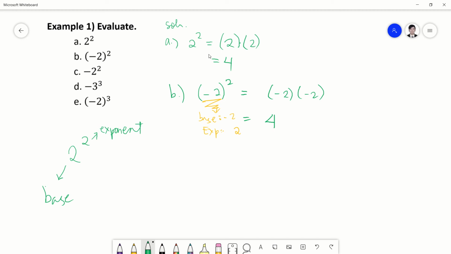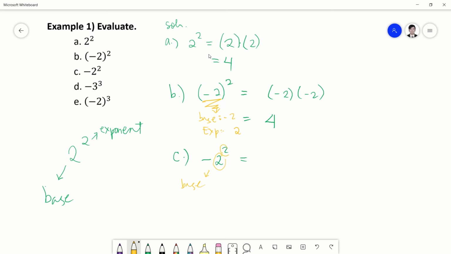Now, what happens if the negative 2 is not enclosed in a parenthesis, just like the next given? This means that the negative sign is actually not part of the base of the exponent 2. The base here is just 2.